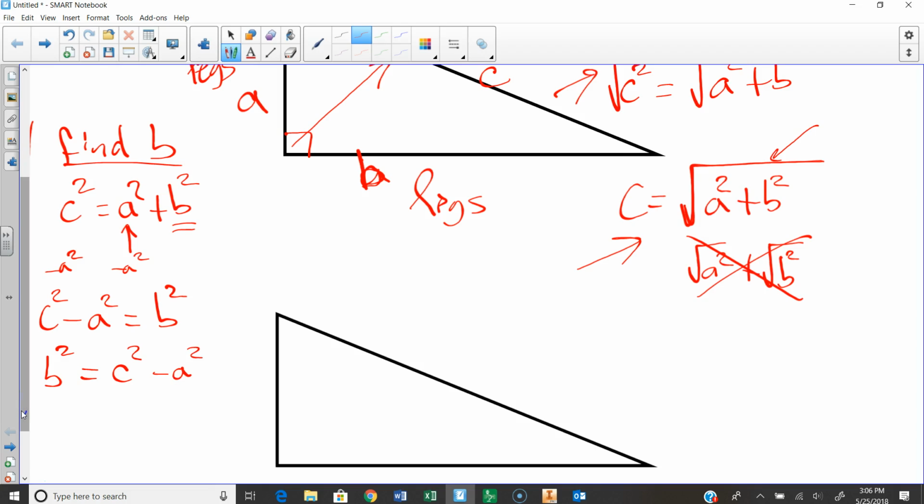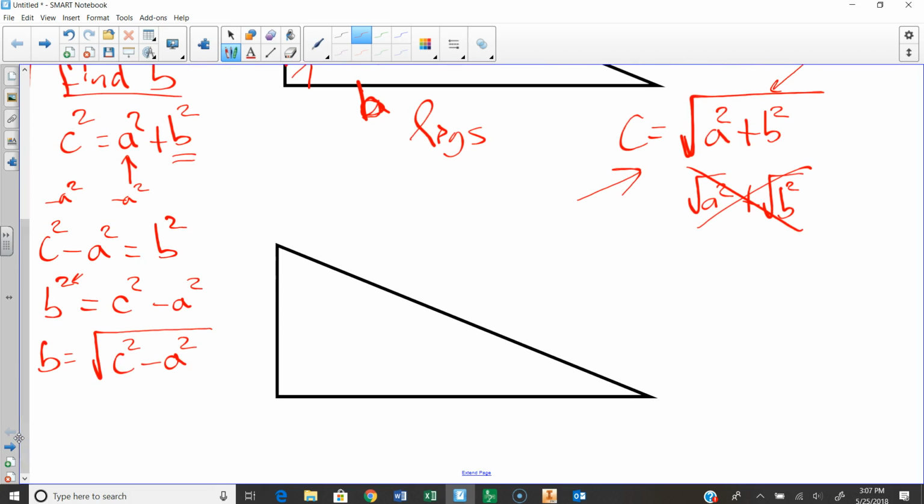And just like we did before, take the square root of both sides. That cancels the squaring here, and we end up with B equals the square root of C squared minus A squared. Of course, A and B, like I said, are arbitrary. Which one we choose to be A, we could have easily called the one that we call B A and vice versa.